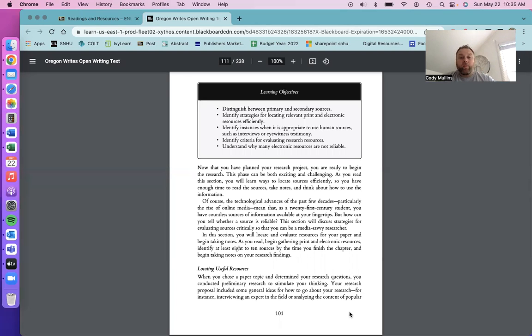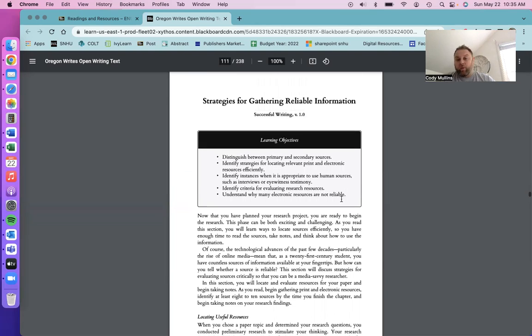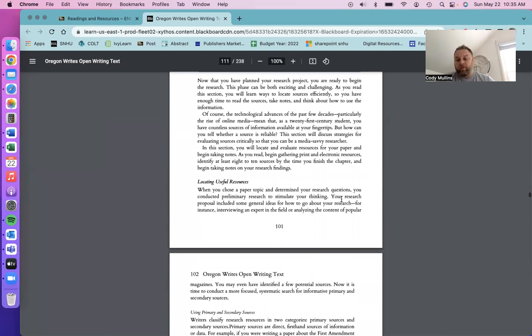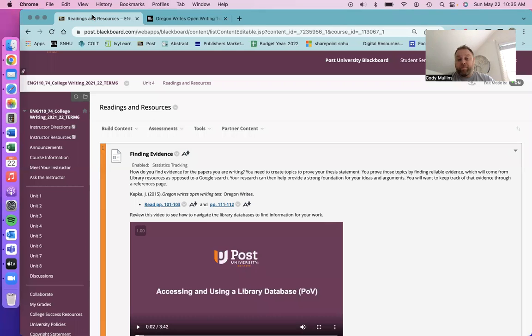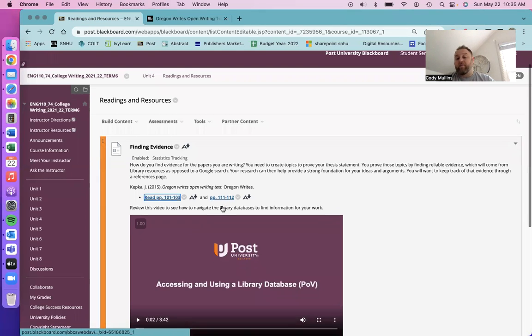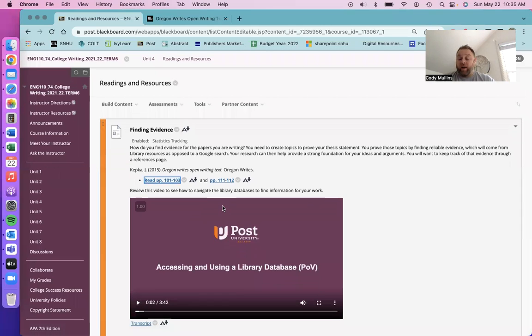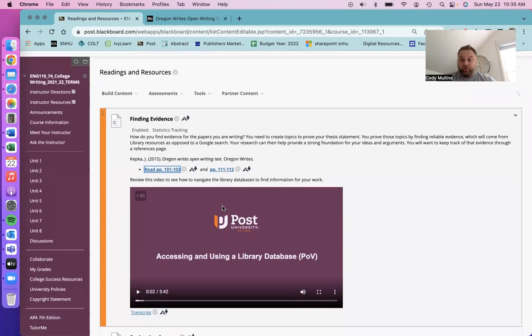So that's what this section is. It starts on 101, which is this page. You'll read 101 through 103 there. You'll read pages 111 and 112, which have to do with how to find reliable internet sources. I very much encourage you to only use our library database.